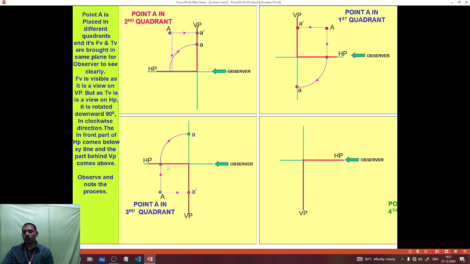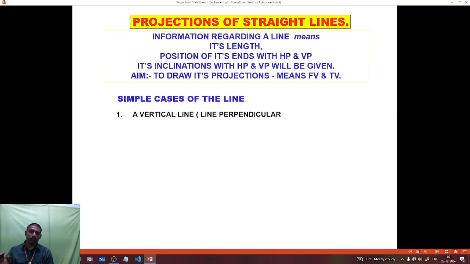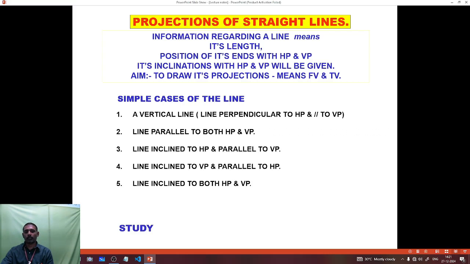Next, the fourth quadrant, a dash is located in the vertical plane, and small letter a is located in the horizontal plane. Next, going to see about the straight line.